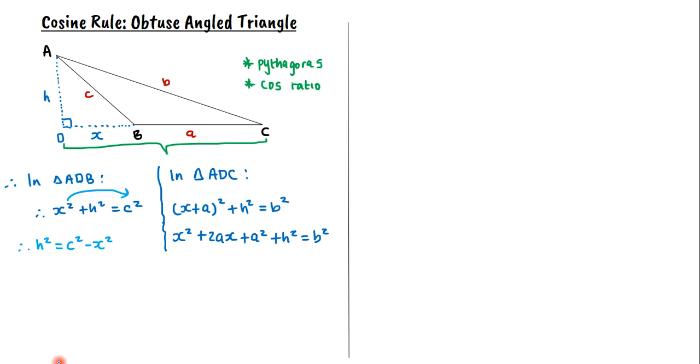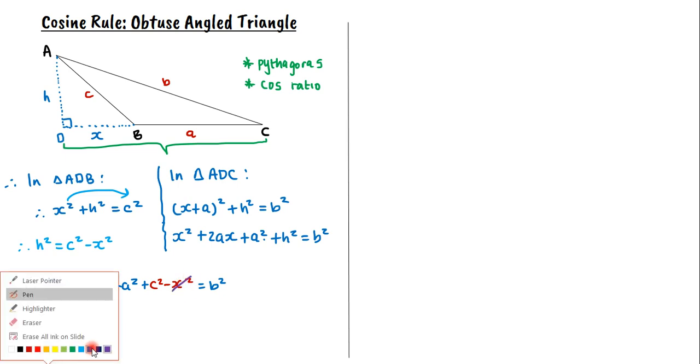Therefore, this equation that we had earlier, which is x squared plus 2ax plus a squared, can now have h squared substituted with c squared minus x squared. Let me just use a different color. Now this will still be equal to b squared. Now why are we doing this? We're doing this because by doing that, we get to cancel that one out.